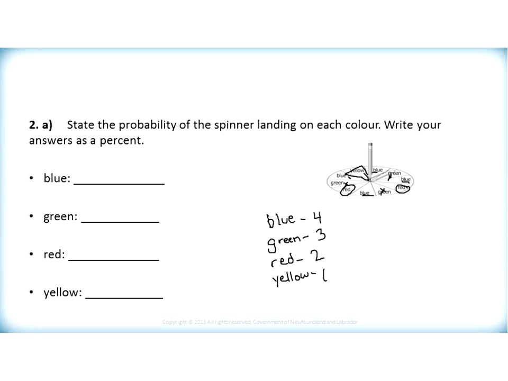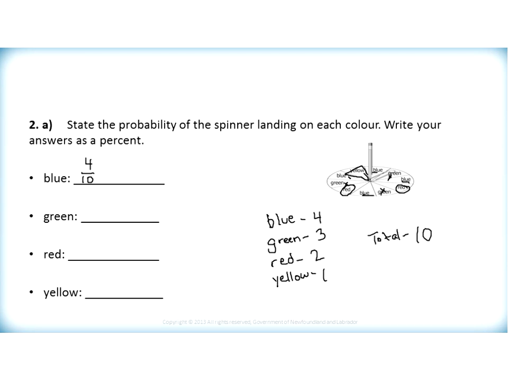So the total possibilities on this spinner is we add all those numbers up, 4 plus 3 plus 2 plus 1. That'll give us 10 possibilities in total. So for the probability of blue, there is 4 blue out of a total of 10 possibilities.